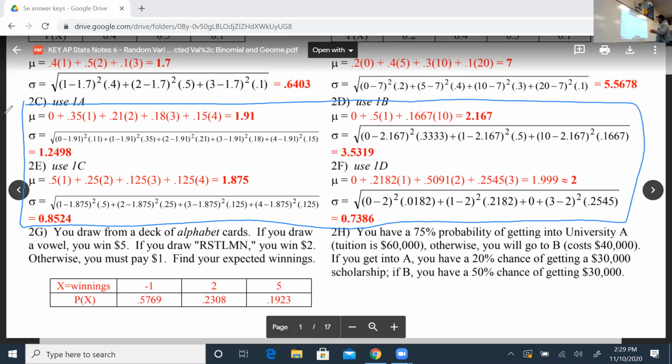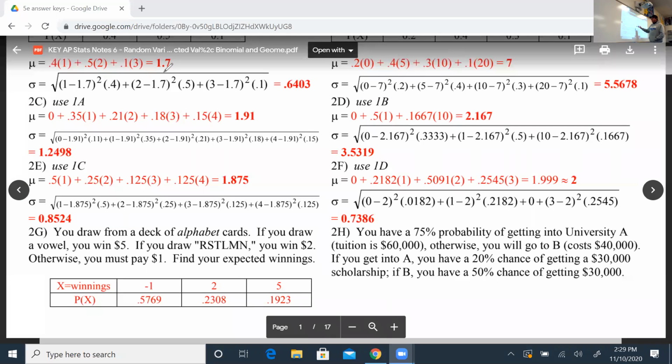I'm going to give you plenty of pause and just walk through the examples above and make sure that it's the same answer as what I have here, because you should have been able to figure that out off of the two examples that I did. So go ahead and pause and walk through that at this time. And then I'm going to do the word problems down below to finish up the video.